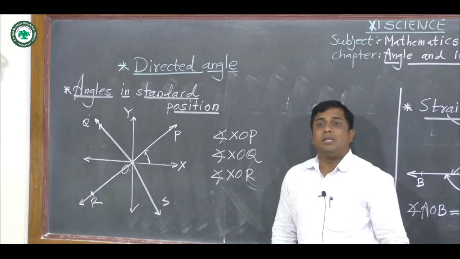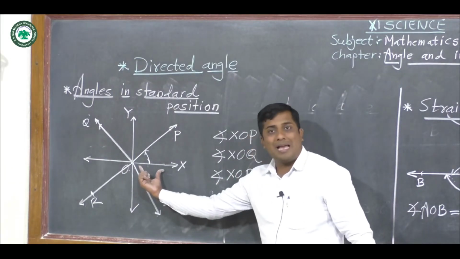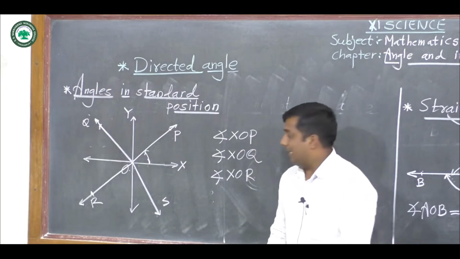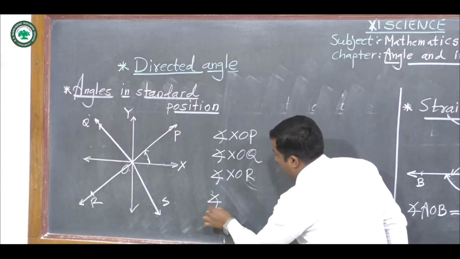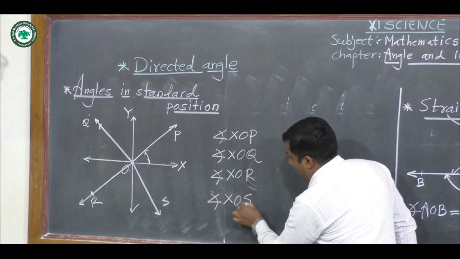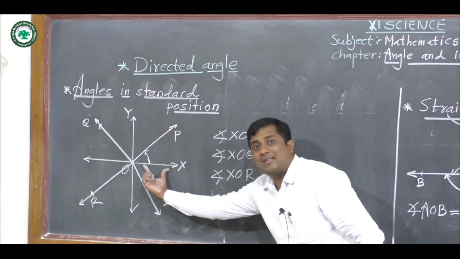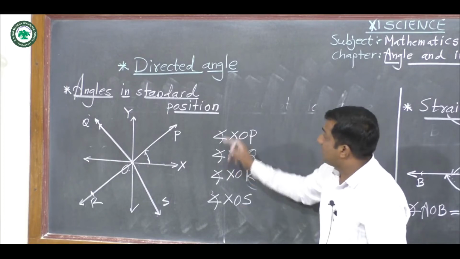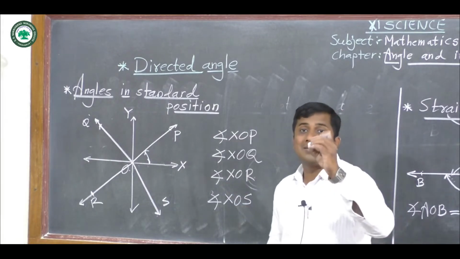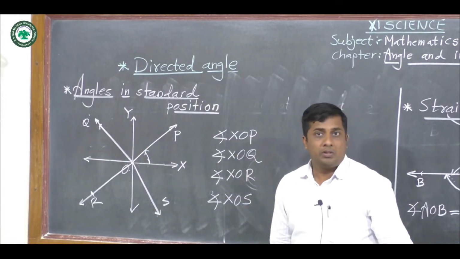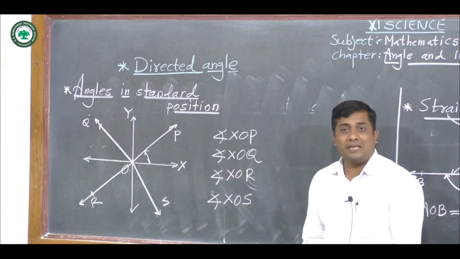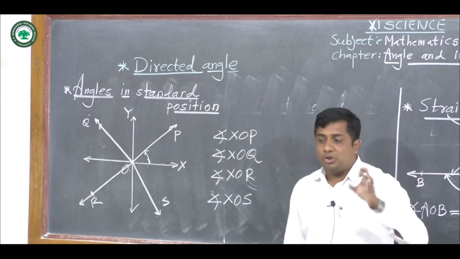Again, the initial ray is along the x-axis. Then in the last, we consider angle XOS. In this also, the initial ray is along the x-axis. So these all angles are in standard position.